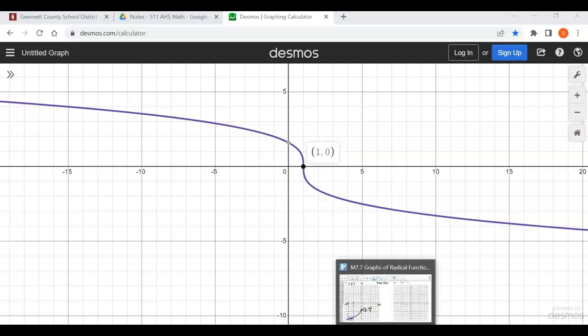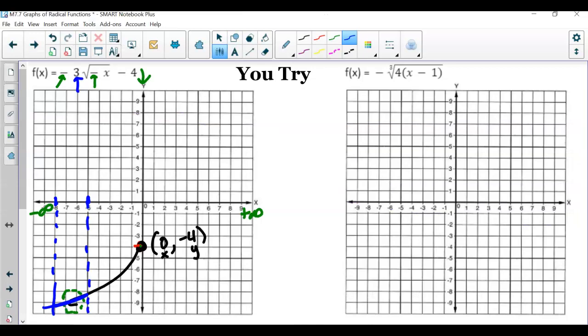So I'll also include those in my quick sketch. So again, we went to the right one, so 1, 0. Here, let me change the color again. So at 1, 0, and then I had that -1, 2, and 3, -2. I'm going to go ahead now and include my sketch.